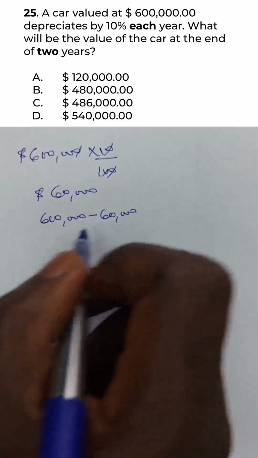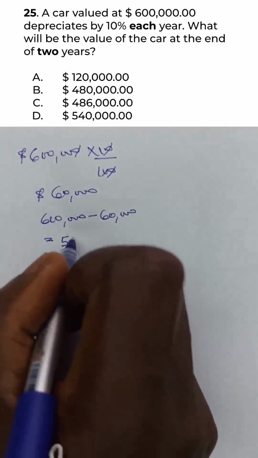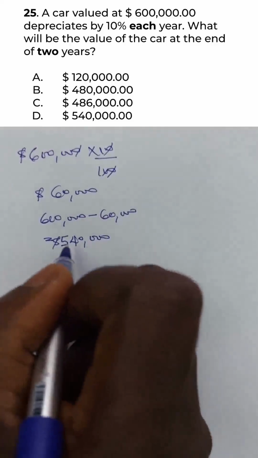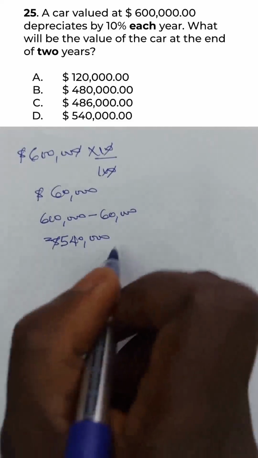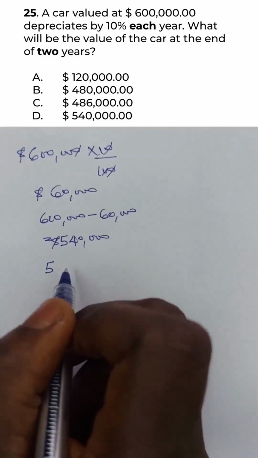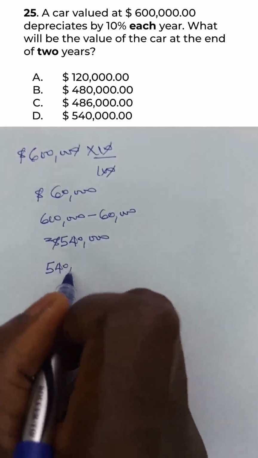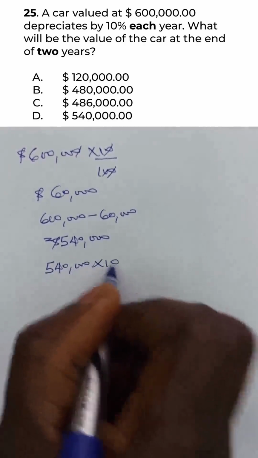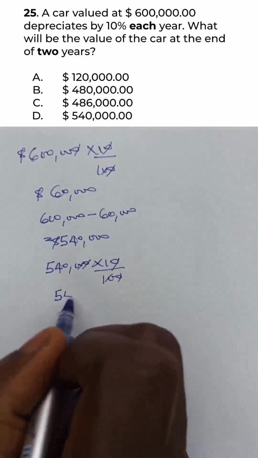$60,000 from $600,000 is going to give us $540,000. So this is the value at the beginning of the second year. If it depreciates again in the second year, remember from the question, it depreciates by 10% each year. So we're going to have 540,000 multiplied by 10% again, and we're going to have $54,000.